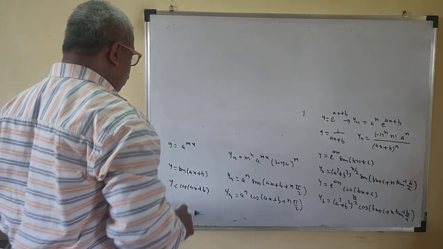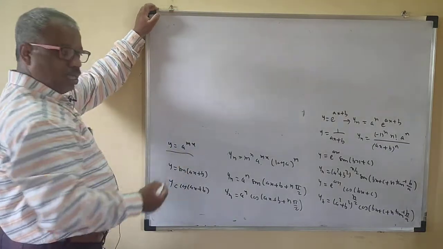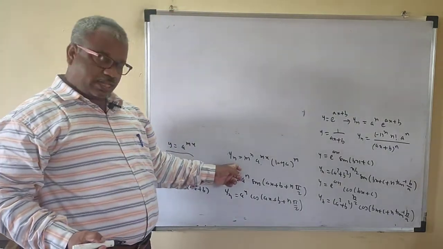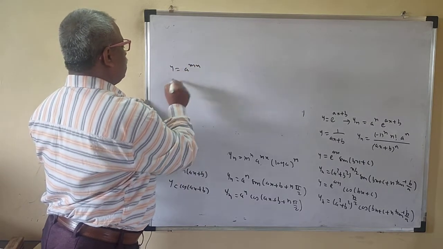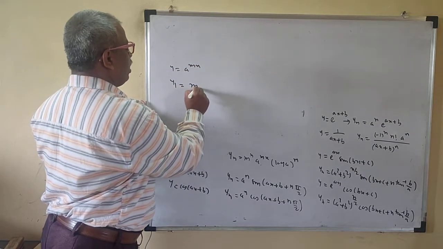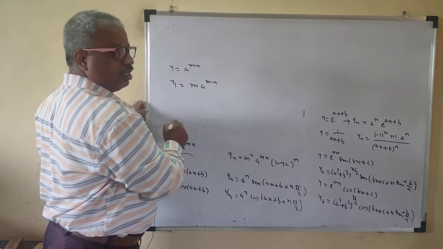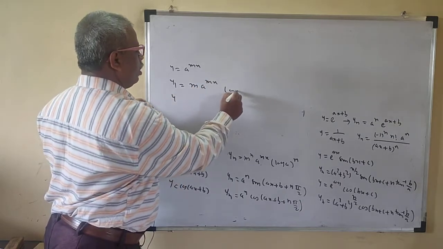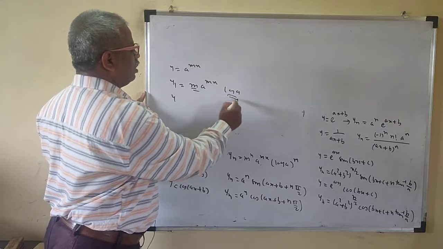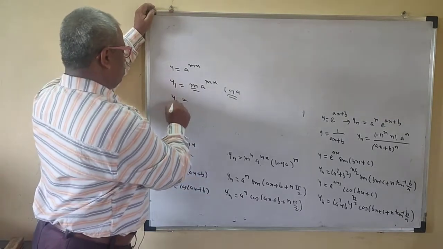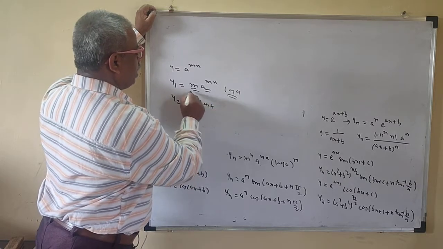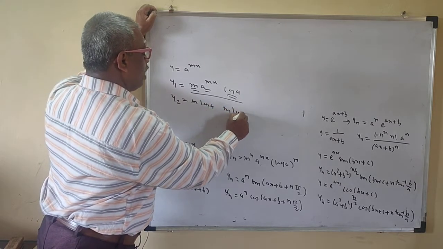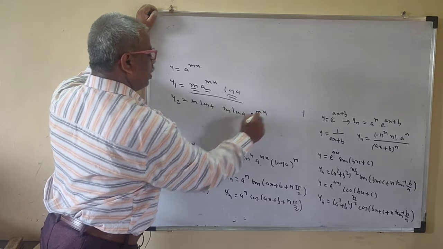Okay. So if y is equal to a raised to mx, then what is y_1? y_1 is m log a into a raised to mx.